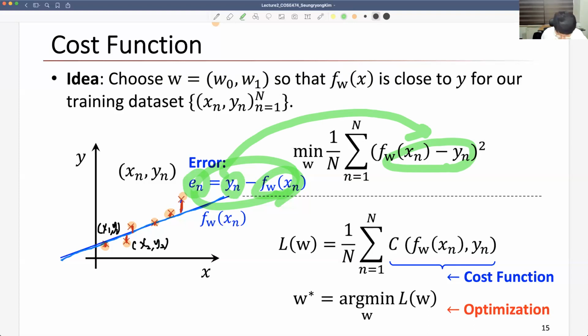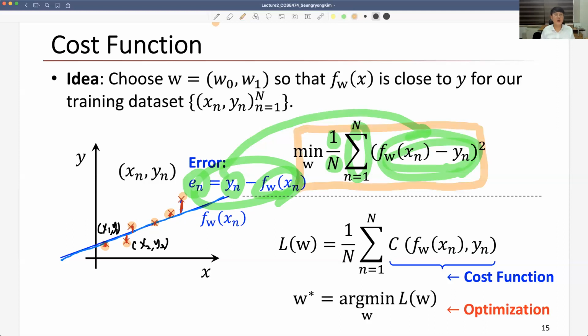We aggregate this difference from n equals 1 to large N and divide by the number of data, right? So we can define this function to represent our errors when we define our mapping function with W here.